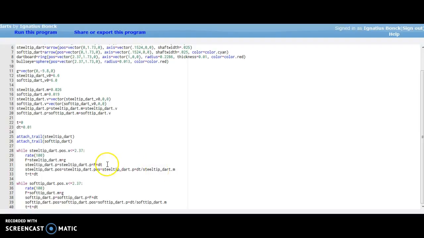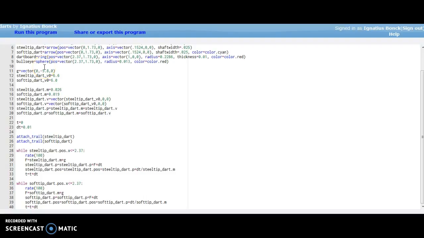We use the final momentum at that point in time, after we updated it, to get our velocity, which gives a better calculation than using my initial velocity. We do that with both loops, the soft tip dart and the steel tip dart.